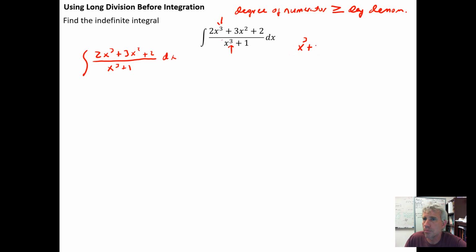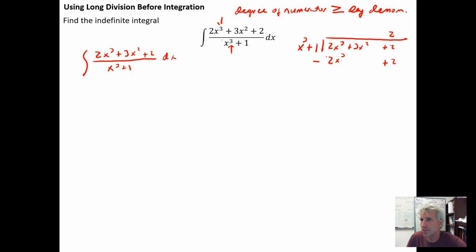So I'm going to take x cubed plus 1, and I'm going to divide it into the numerator, 2x cubed plus 3x squared plus 2. And then I say, I'm going to need to multiply x cubed plus 1 by 2, which is a constant, so it's going to go over in the constants column. If I do that, I get 2 times x cubed is 2x cubed, plus 2 times 1 is 2, so plus 2.